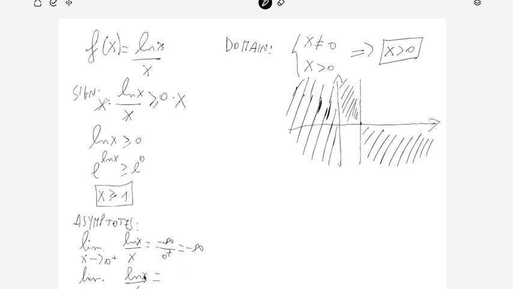infinity. Okay, here the limit of the logarithm over x is an indeterminate form if you want, because the logarithm goes to plus infinity, x goes to plus infinity, but taking into account the hierarchy at infinity, the logarithm loses against x, so the result is 0.